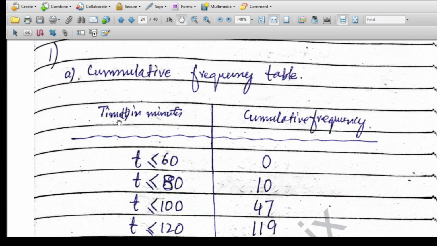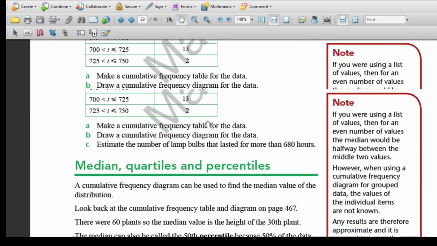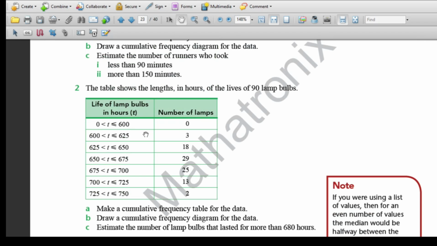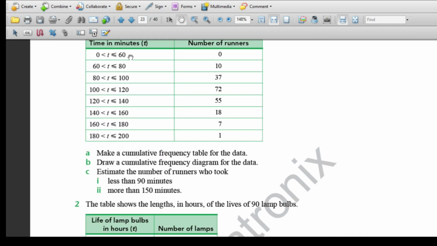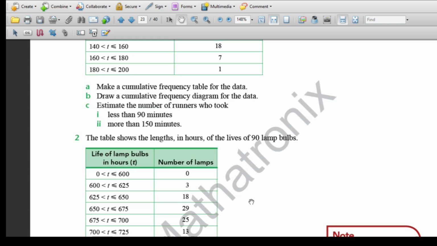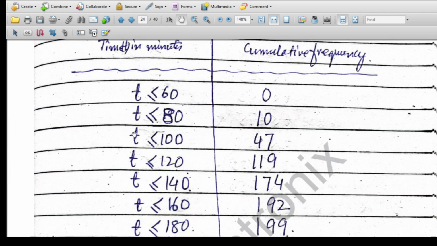In the cumulative frequency table, we have time in minutes and cumulative frequencies. For time less than 60, we place 0, the lowest band. For time less than 80, this will be covered as well, so 0 to 80 covers this 10. For time less than 100, 0 to 100 are all covered here, giving 47.